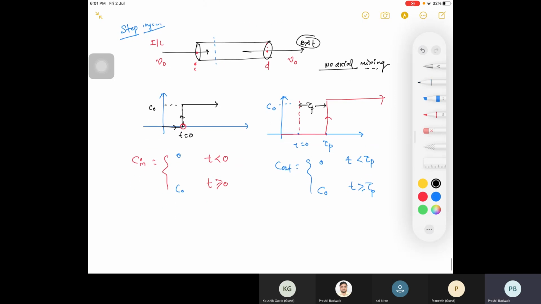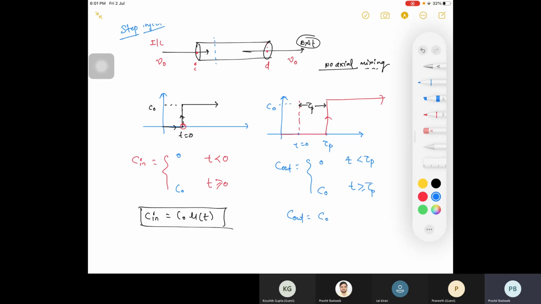So here I am writing C in as C naught into u of t, the unit time function. I can write it, okay. Then here the outlet will be, I'll explain this in detail when we start PDC, so please don't worry about this u of t, just take what I'm telling here. So what is your C out?